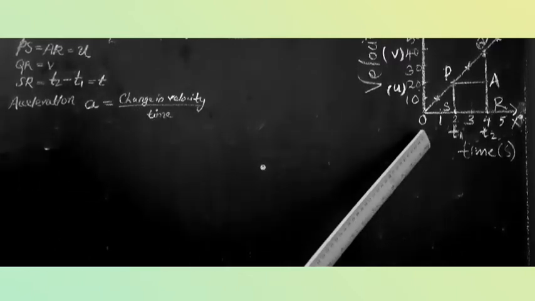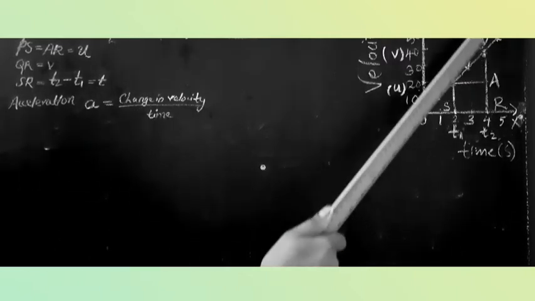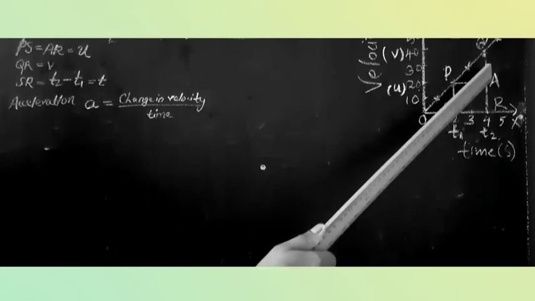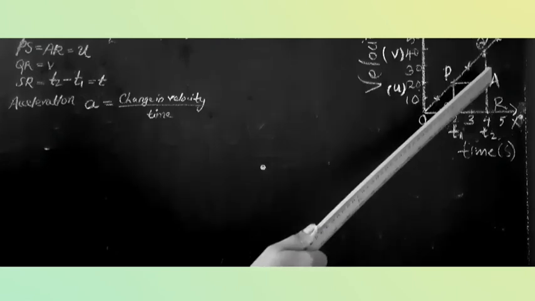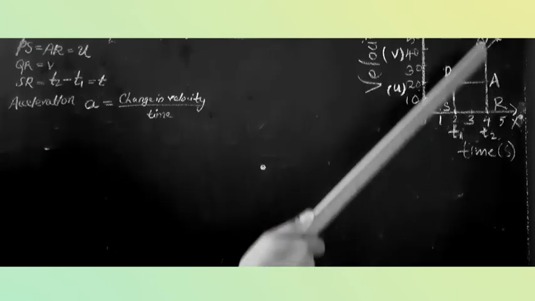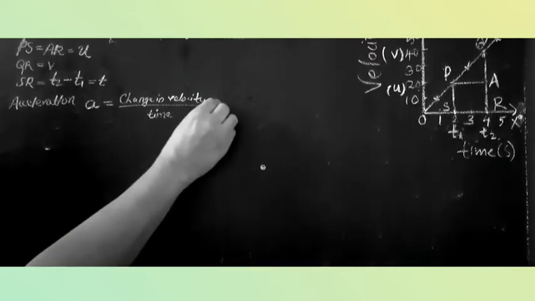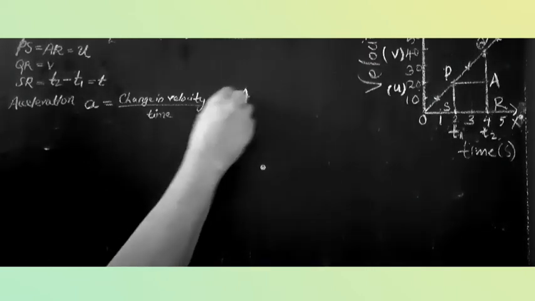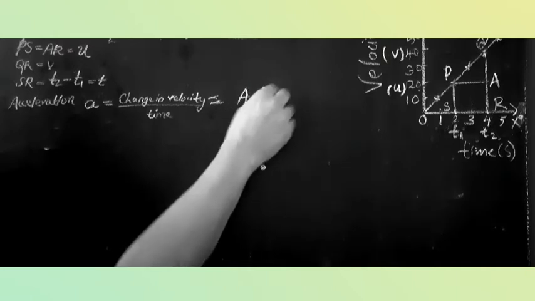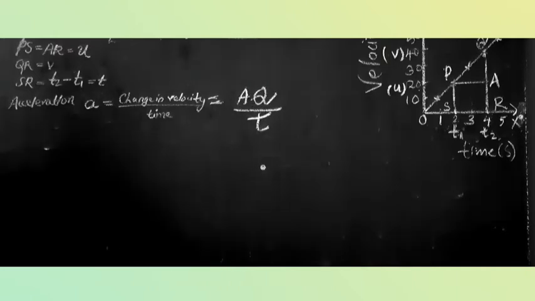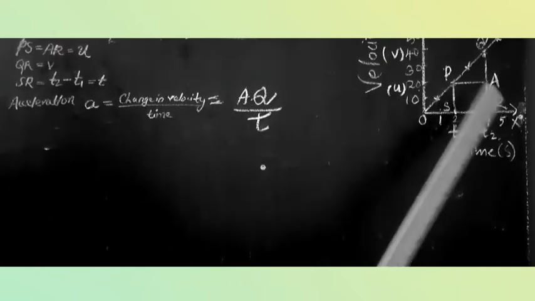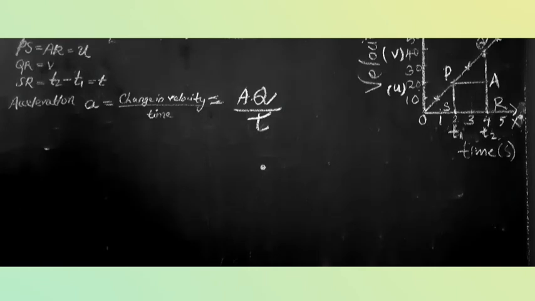From the graph, change in velocity is AQ. That is, AQ is equal to QR minus AR. Change in velocity is AQ, divided by the time interval t. Time interval SR is equal to t.